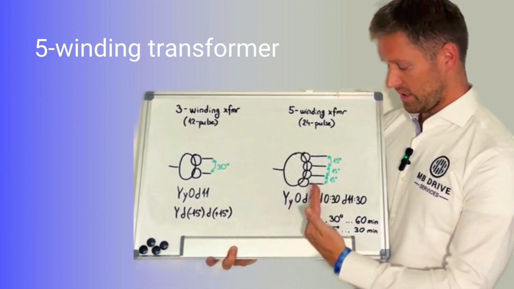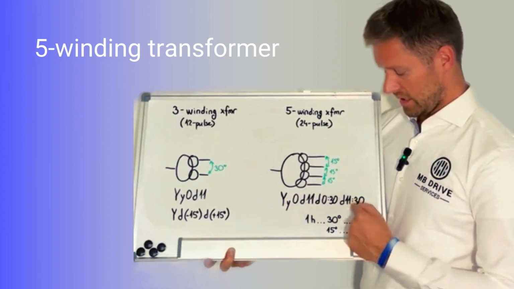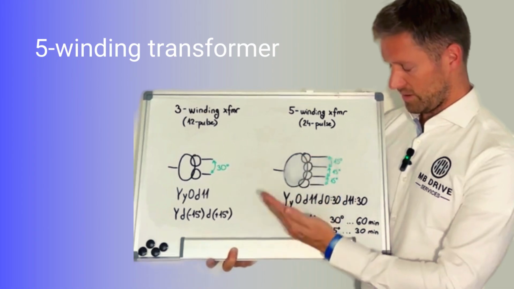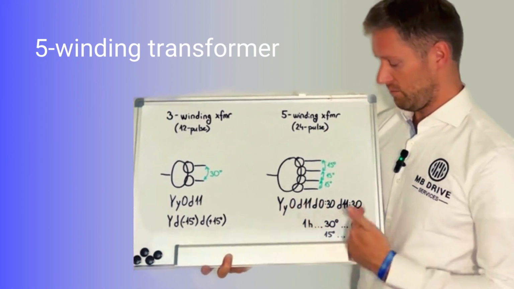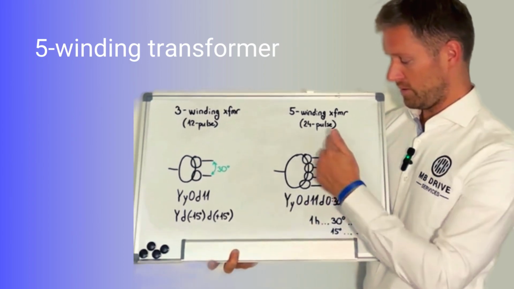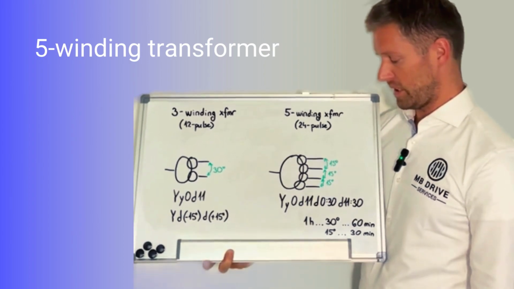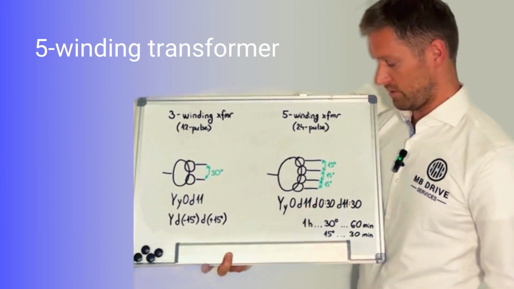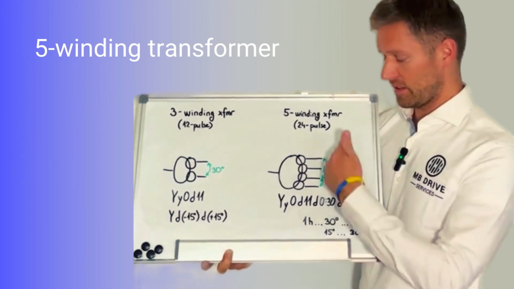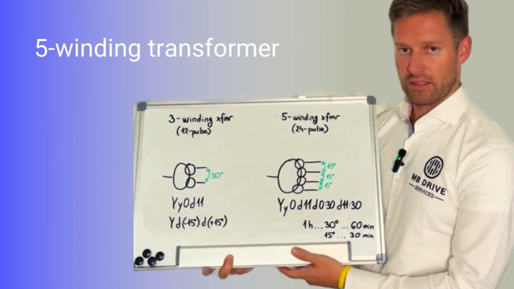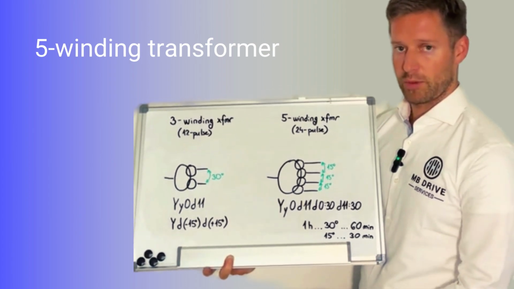In this case 15 degree lagging, and 11:30 would be 15 degree leading. So this is one example of a 5-winding transformer with the corresponding phase shifts and with the 15 degree that is required from the drive system point of view.